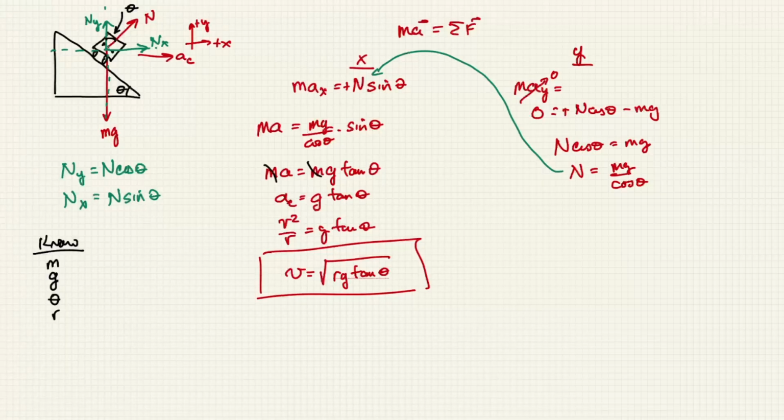What happens if the angle is 0? What's the tangent of 0? 0. It's 0. So how fast can you go on a flat turn with no friction? You can't. You can't stay in the turn. There must be friction for you to stay in the turn.